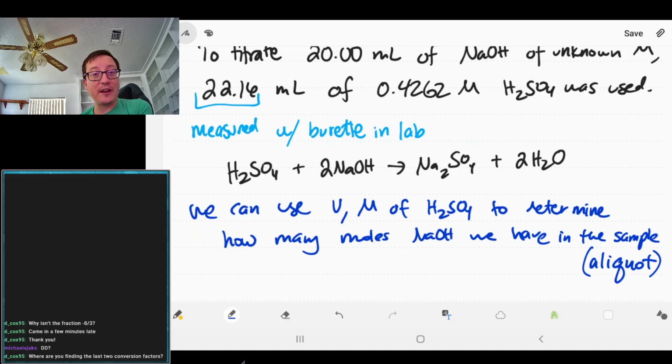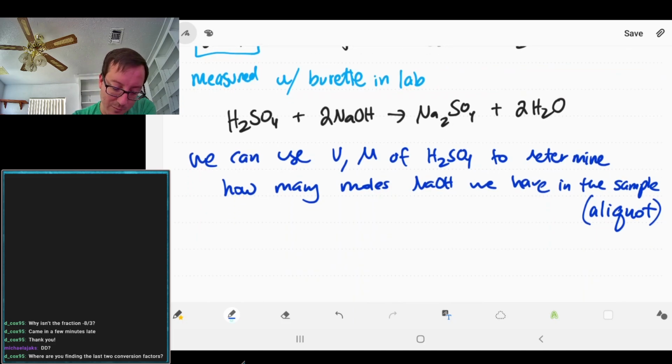Remember that if we want to find concentration, it is moles per liter. We need moles, right? We have liters of sodium hydroxide already. We just need the moles. So we can use the information we got from sulfuric acid to figure out the moles, because we know how many moles of each need to react together, right?